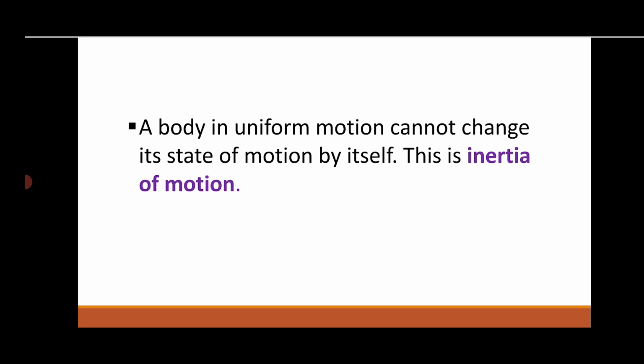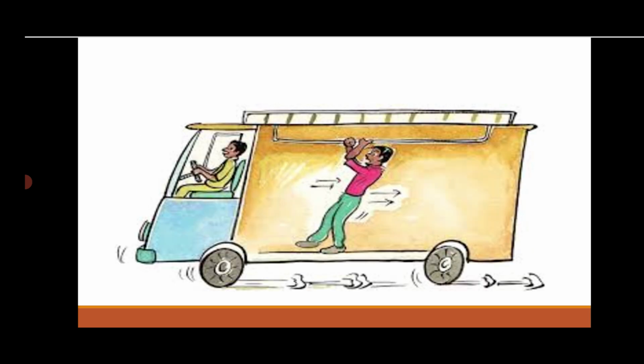Now we can analyze another example. While we are standing in a bus which is at rest, the passengers tend to fall backwards when the bus starts moving. Why so? When the bus is at rest, both the passengers and the bus are at rest.